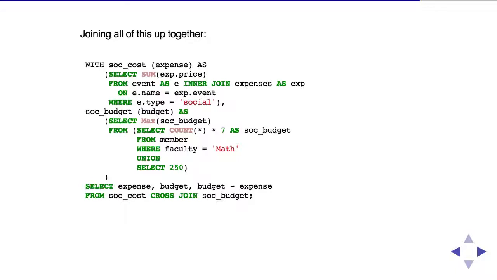We're finding the social expenses, and here we find our budget. And right here, we do a cross join of those two rows, which returns only one value. So social cost cross join social budget, and social budget minus expense gives us this value right here. So we're under budget by $30.